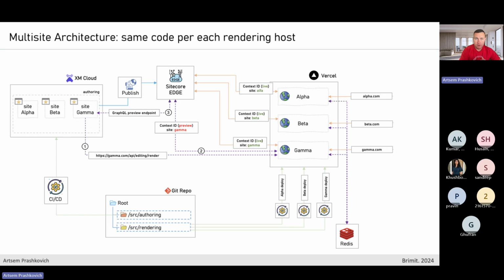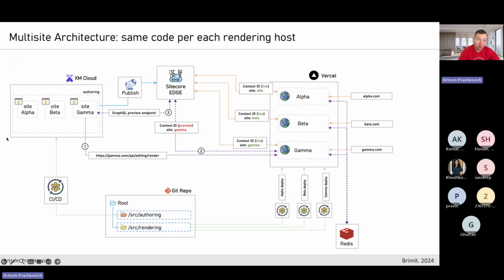And the last diagram is the approach that we currently use for our customers running the multi-site solution within Vercel. We have one code base for all of them. The only difference is that we use an external editing host for each of our websites.